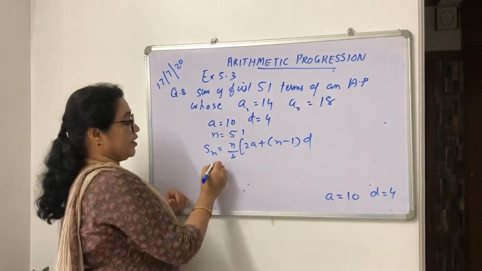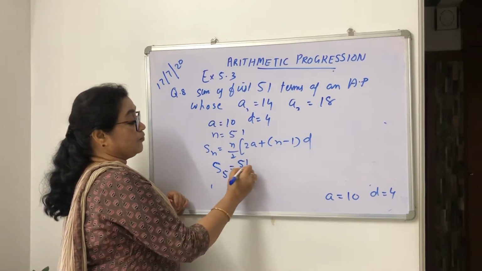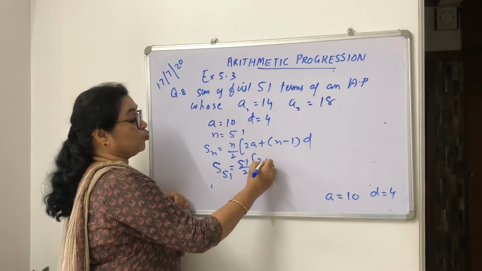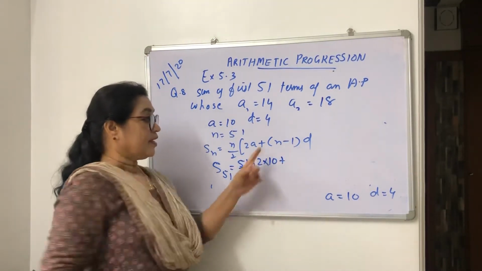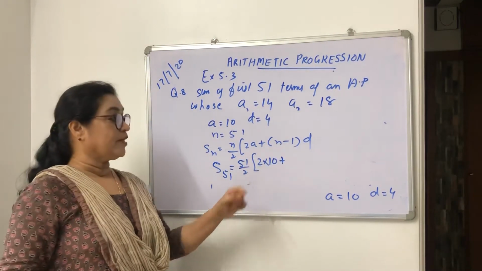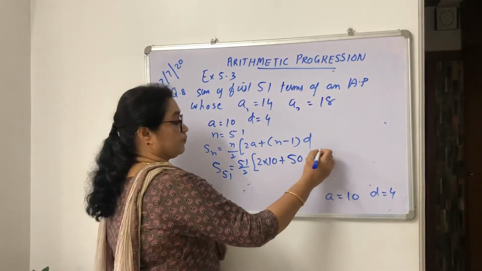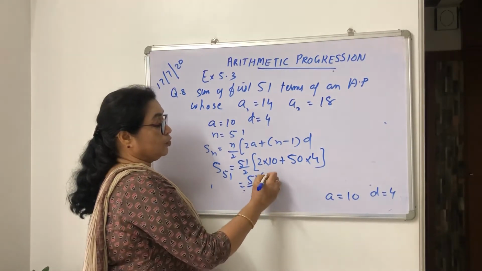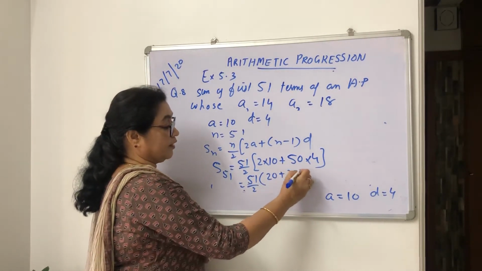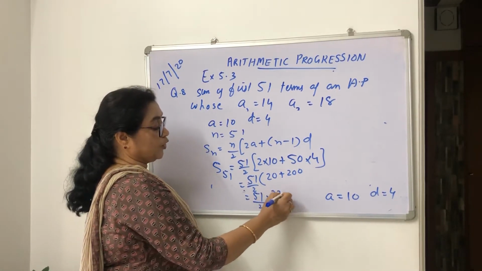So S51 is equal to 51 by 2 into 2 into A, A is 10, plus N minus 1, 51 minus 1 is 50, into D, D is 4. So it is 51 by 2 into 20 plus 200. That is 51 by 2 into 220.